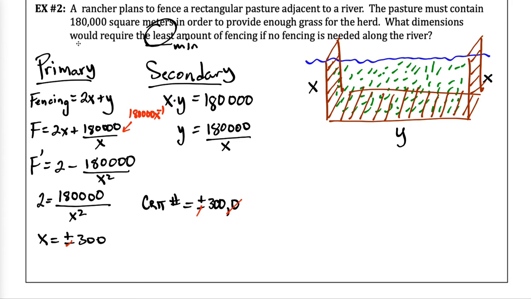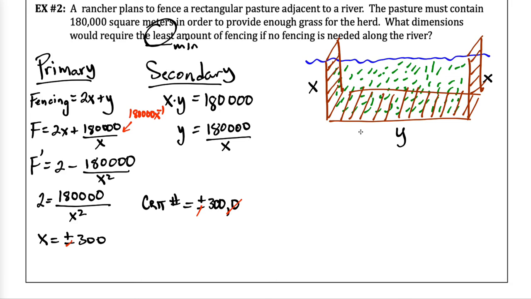How come I could have an answer bigger than 180,000? I'm going to guess a lot of you would say 180,000 would be the biggest answer we could get for one of the two numbers. Let's say y is 180,000 feet, or meters, which is a lot. What would x be? 1?